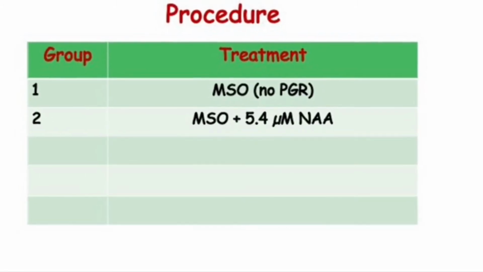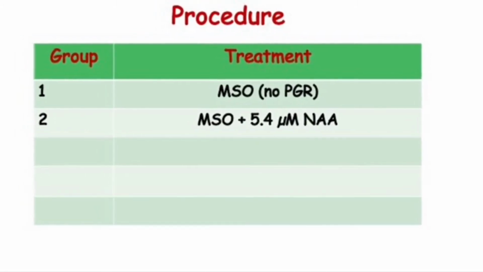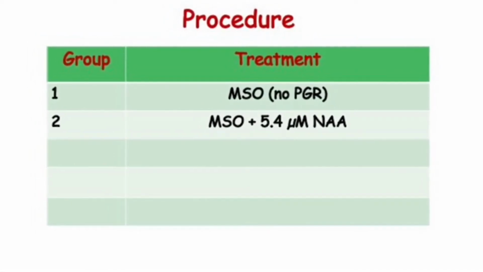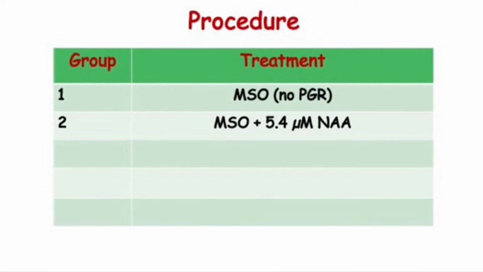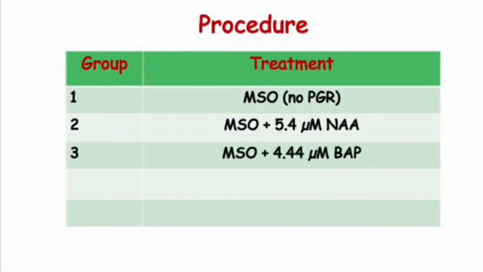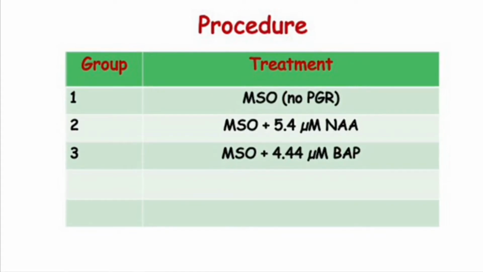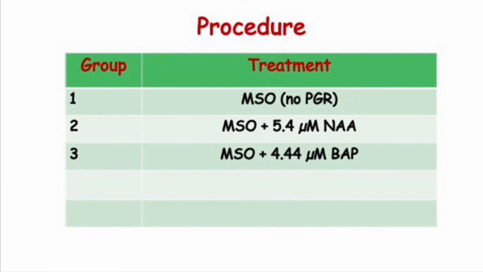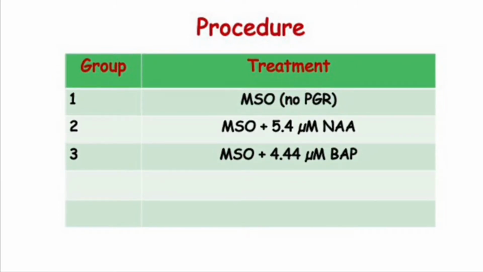Group 2 will have basal media supplemented with 5.4 micromolar alpha naphthalene acetic acid. This is an auxin. Group 3 will have basal media supplemented with 4.4 micromolar of benzyl aminopurine.